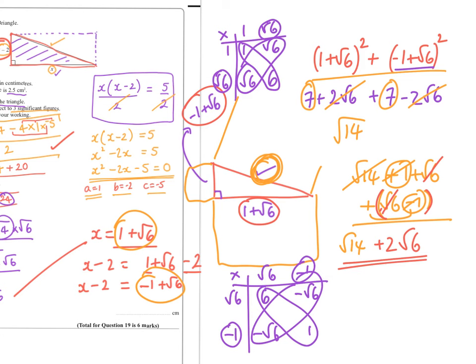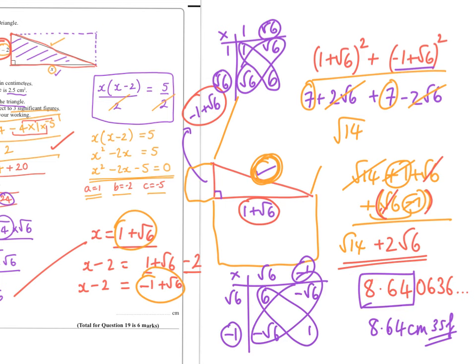So I've got the square root of 14 plus 2 root 6. And I get the answer as 8.640636 and so on. So we want it to 3 significant figures, so we're just going to write 8.64 centimetres to 3 significant figures.